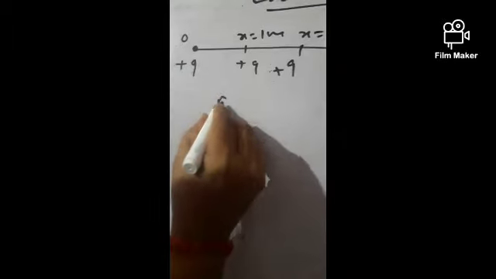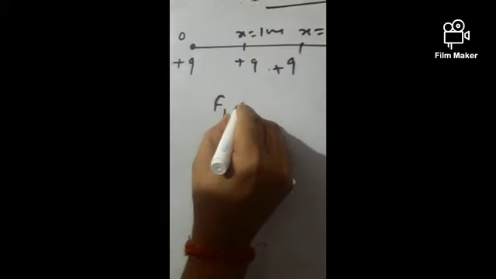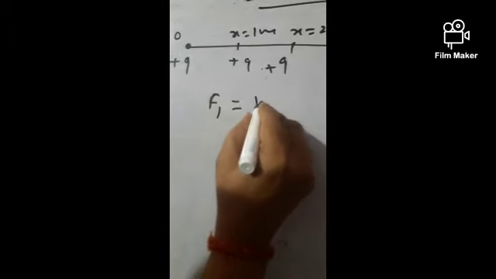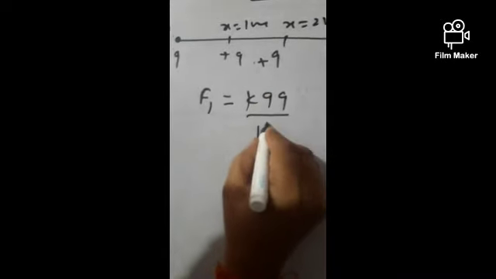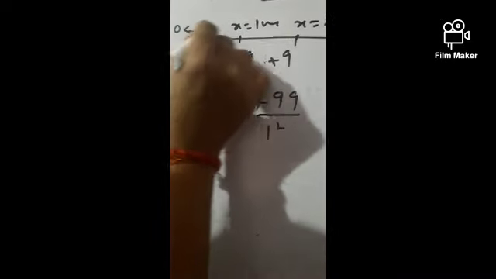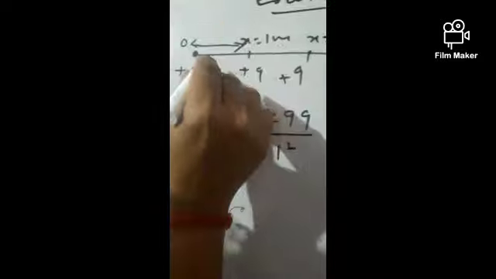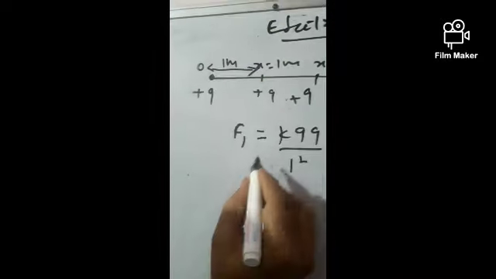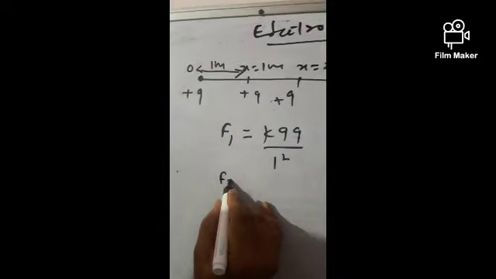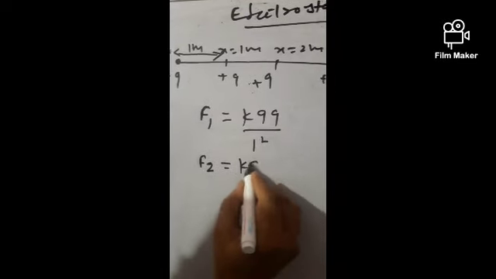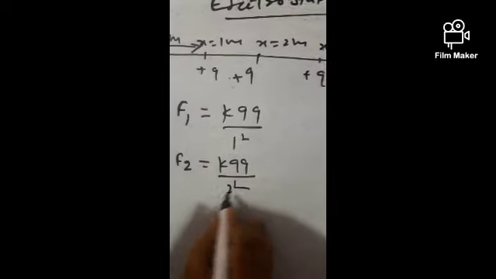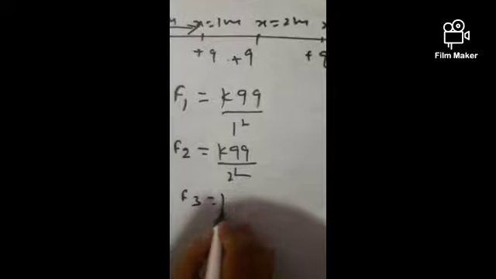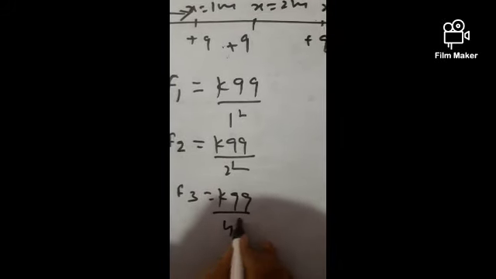Therefore force on charge due to first F1 equal to constant QQ upon 1 square, since distance of first charge from origin is 1 meter. Similarly F2 force due to second charge constant QQ upon 2 square, due to third charge constant QQ upon 4 square and so on.